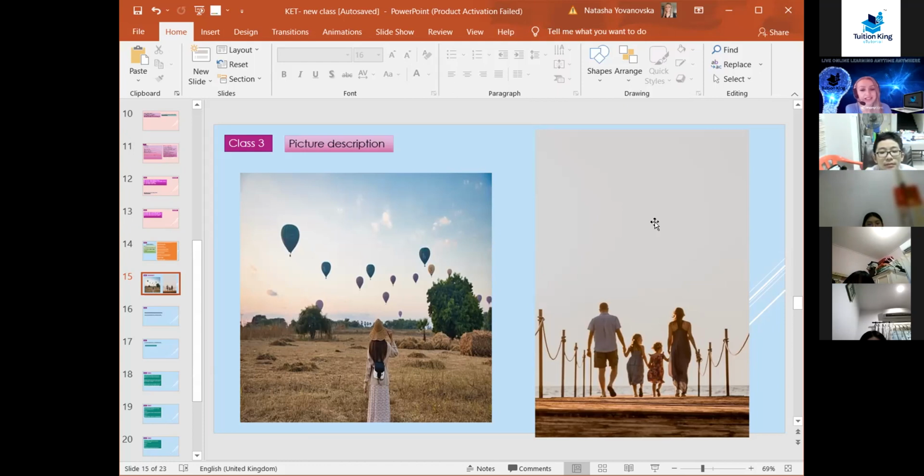I can also see some hot air balloons. Maybe this is a tourist place where people go to have a ride on a hot air balloon. We can see only her in the photo. Maybe she's there just with one friend, or maybe her boyfriend or her husband. The trees are green, so that means this is probably summer or spring.